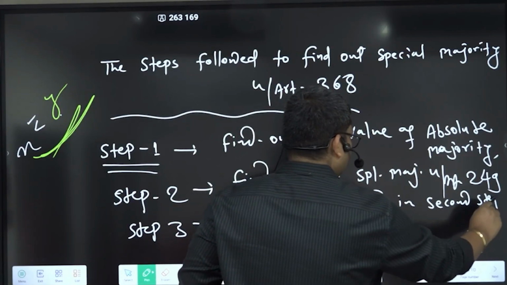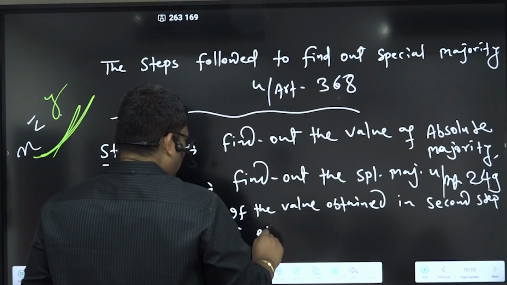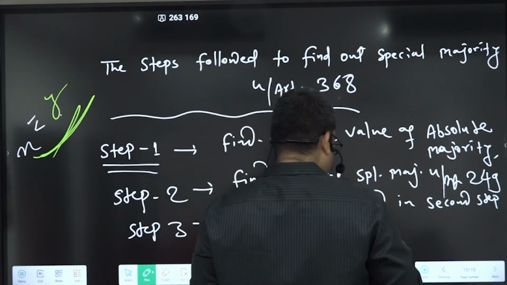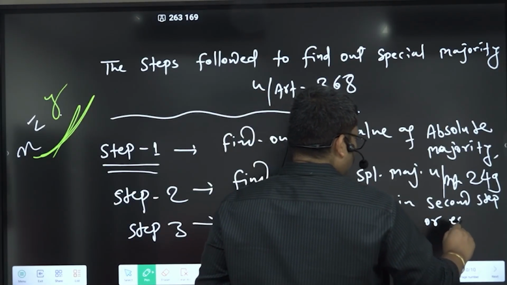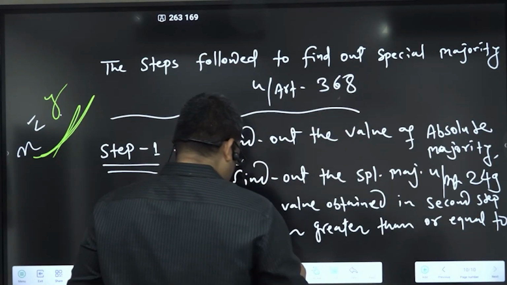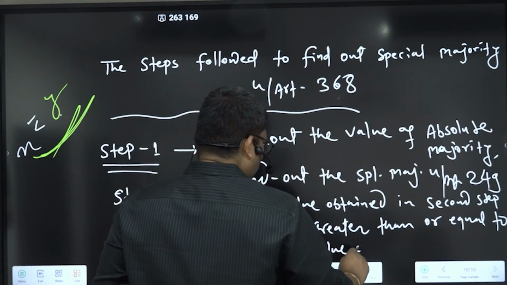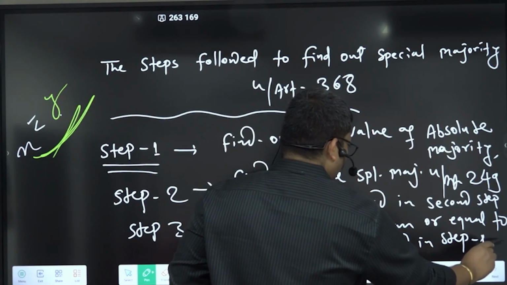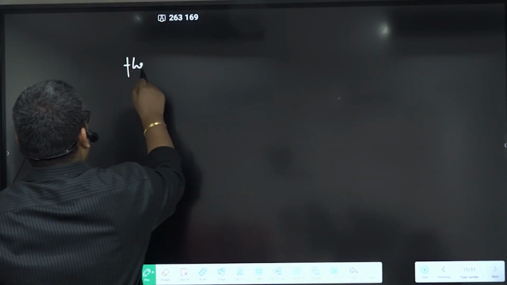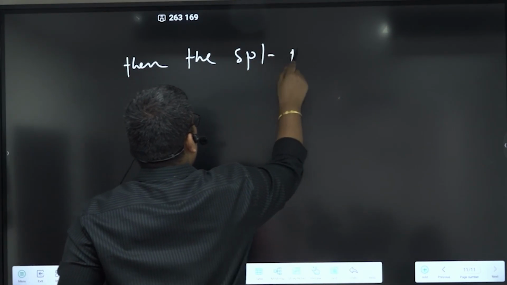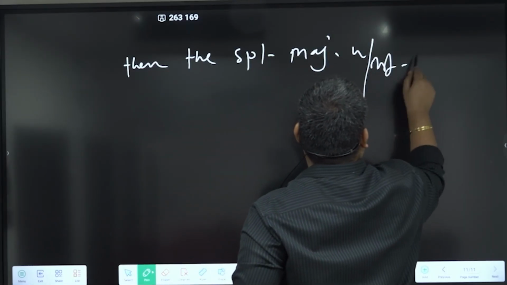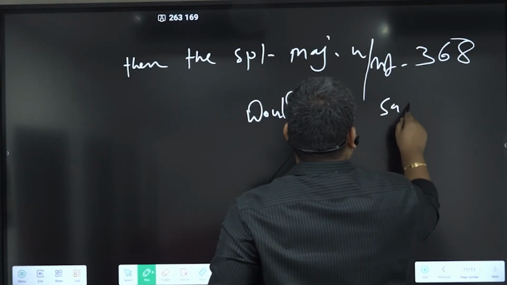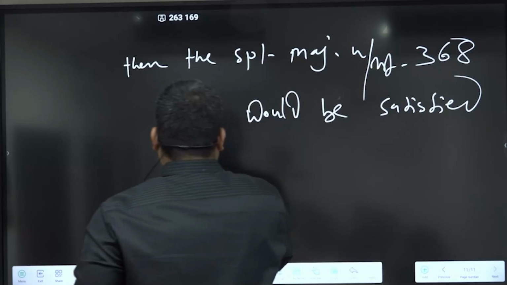In second step is either greater than or equal to the value obtained in exactly step 1, then the special majority under Article 368 would be satisfied, otherwise not.